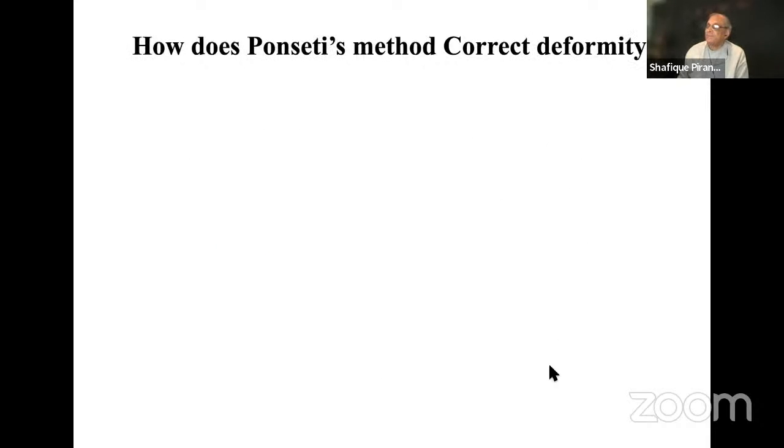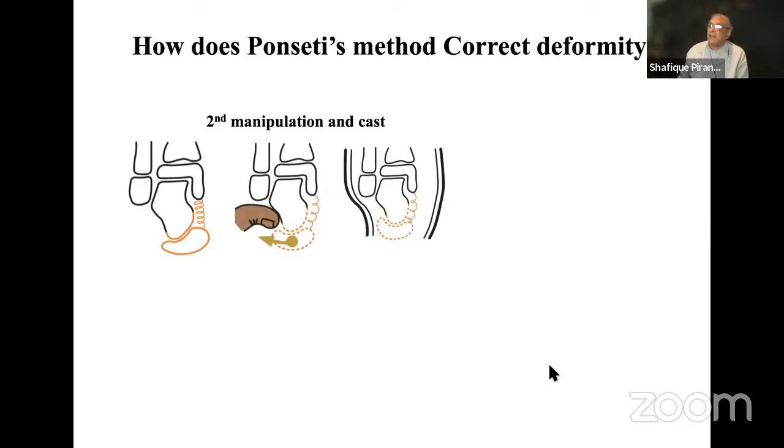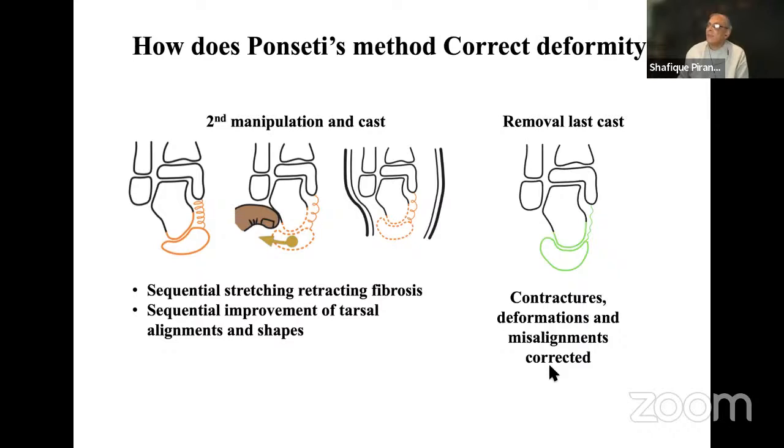And so if we carry on, with the second cast, we manipulate and things improve further. And with another cast, there's sequential stretching of the retracting fibrosis and sequential improvement to the tarsal alignments and shapes, such that when we take the last cast off, the red talonavicular joint, which was deformed, is now turned into a nice green shape where there's a congruent shape, the spring has been stretched out, and the deltoid ligament, etc., is much improved.